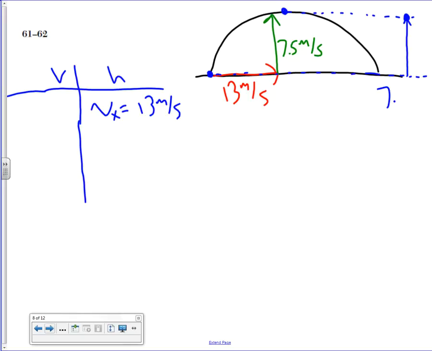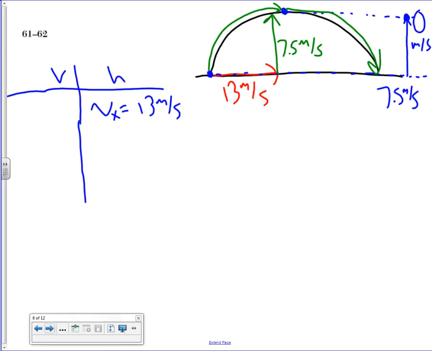At the top, we're moving at 0 meters per second. That is only half the trip, so we have to account for the second half of the trip. That's why when we find the time, we can double it.